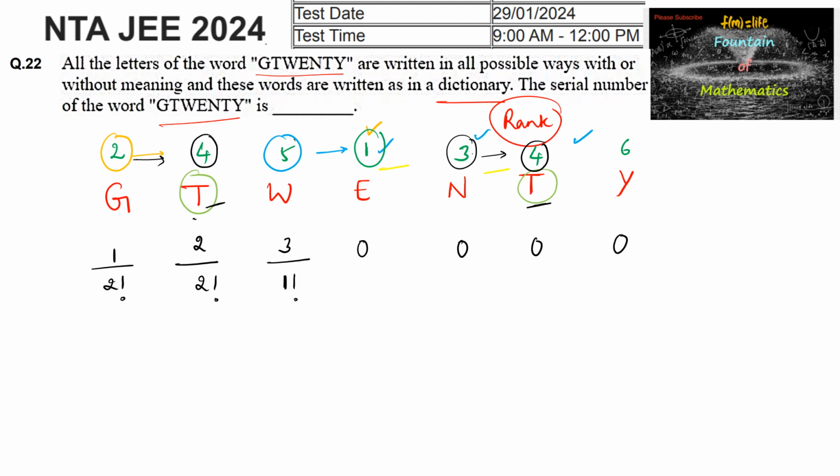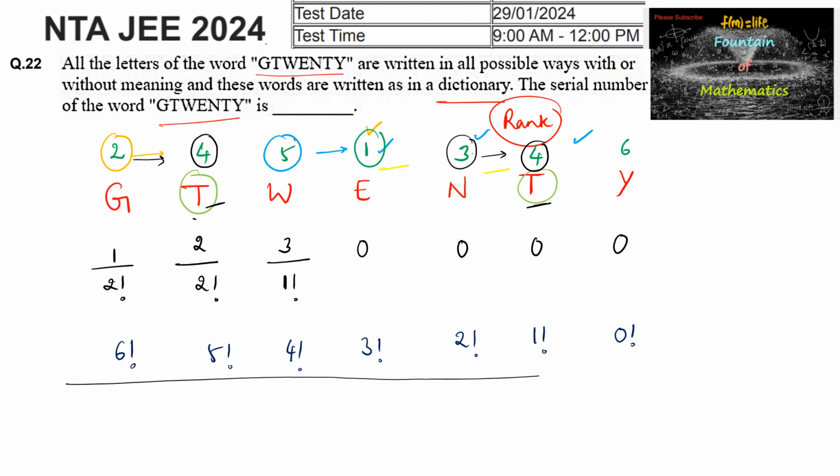Now start taking from the right side, from 0 factorial, 1 factorial, 2 factorial, 3 factorial, 4 factorial, 5 factorial, and then 6 factorial. And let's multiply respectively.